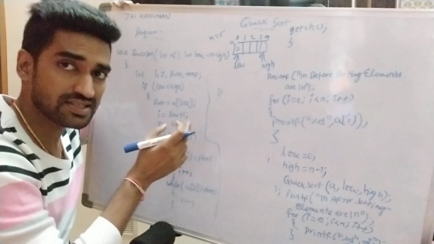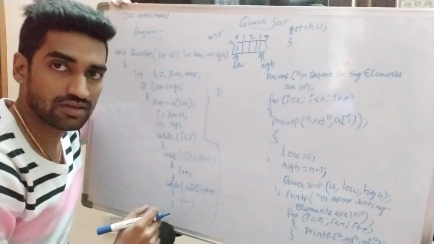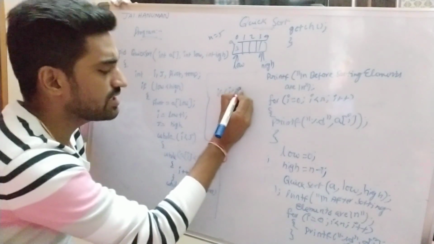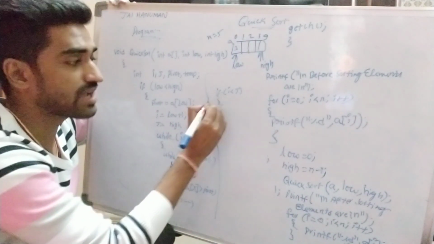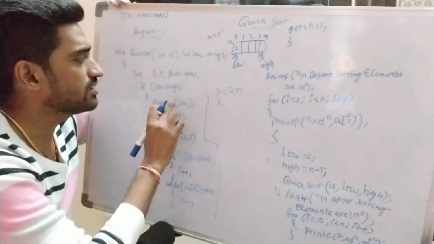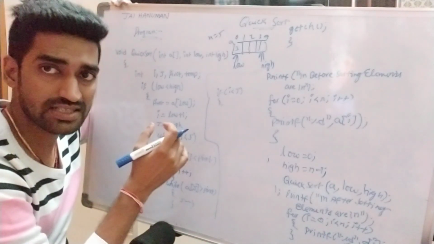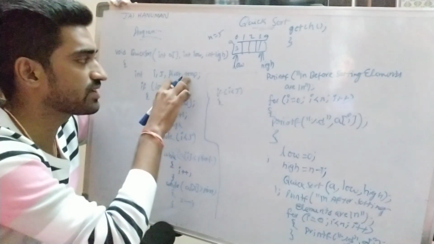These steps are presented in the algorithm. In previous sessions we already discussed the algorithm of quicksort, right? So if i less than j, then we can swap a of i and a of j. Here the swapping can be done with the help of a third variable, that's why I am specifying temp.